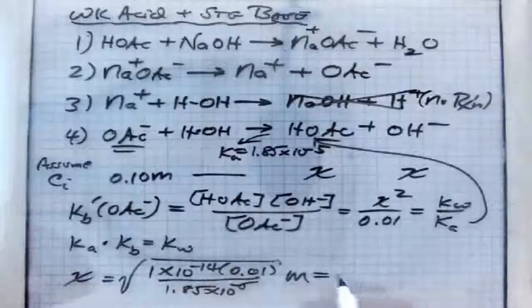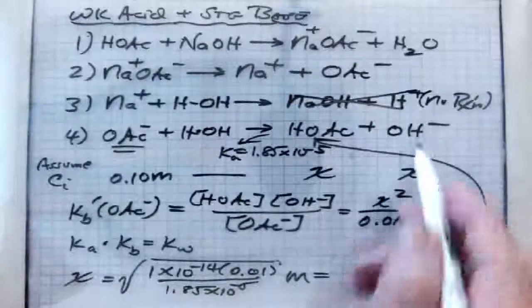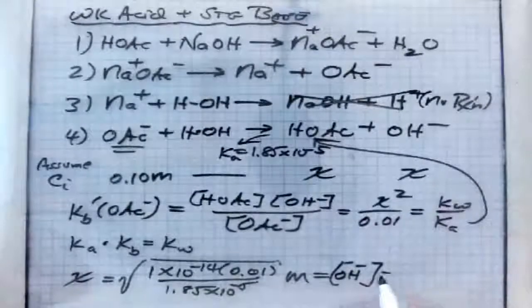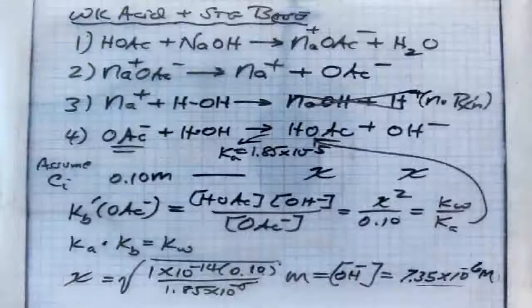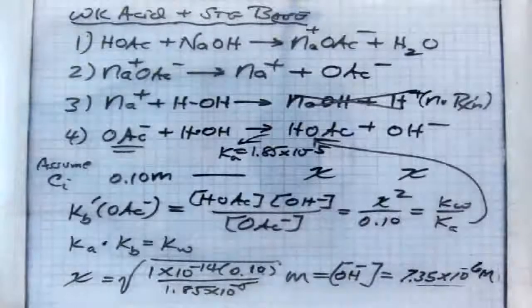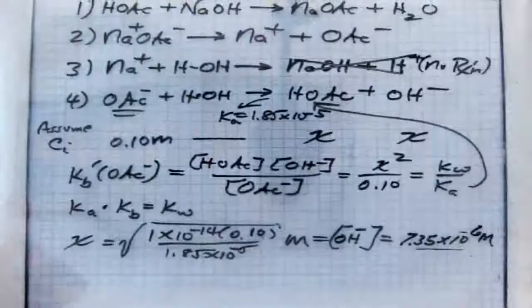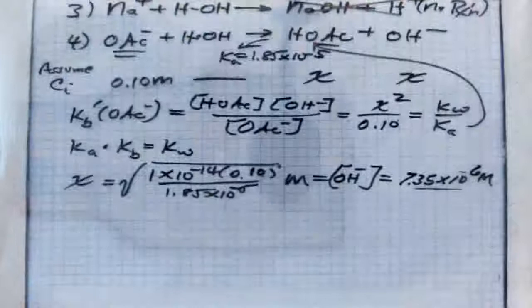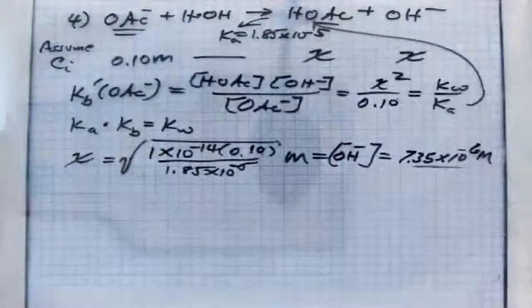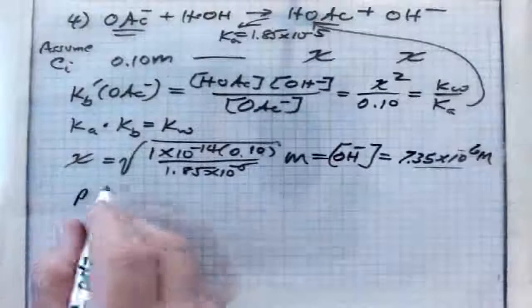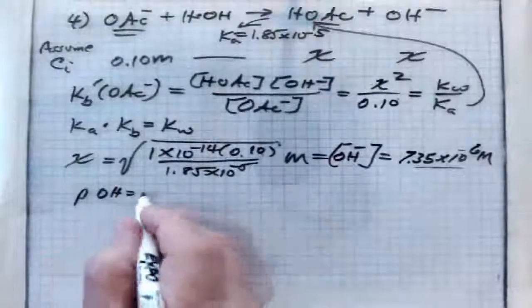And remembering pH plus pOH equals 14, we can calculate the pH now. 14 minus pOH, which is 14 minus 5.13, and it's 8.87, which is a basic solution for a strong base, weak acid titration.